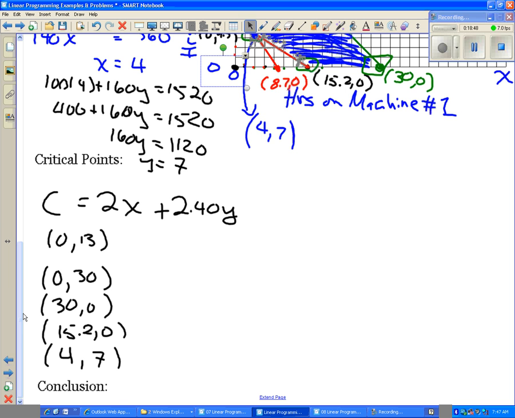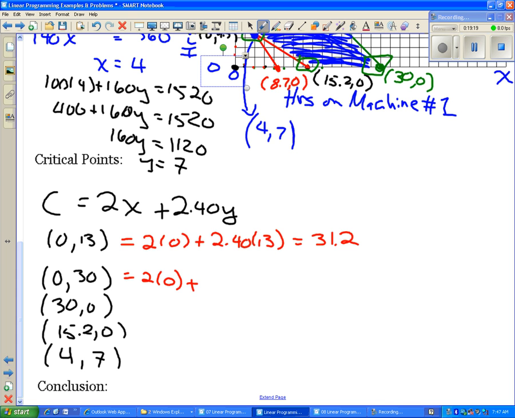So let's go ahead and check this. My first one, (0, 13). That's going to give me 2 times 0 plus 2.40 times 13, and that is going to give me $31.20 as my cost. (0, 30) is 2 times 0 plus 2.40 times 30.